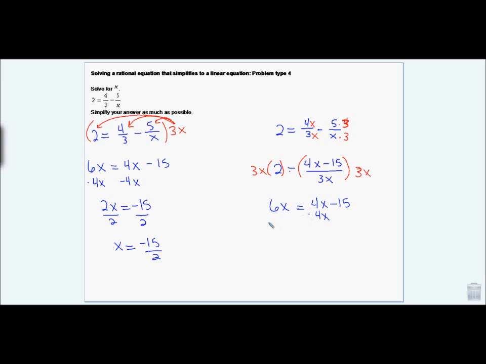Subtract 4x, and you get 2x is equal to -15. Dividing by 2, I get the same answer. So again, there's method 2 or method 1. Either one works perfectly well.